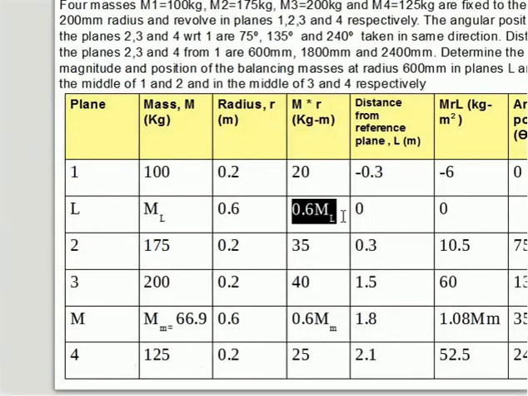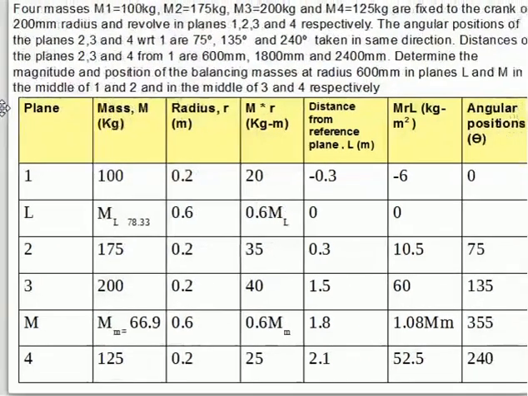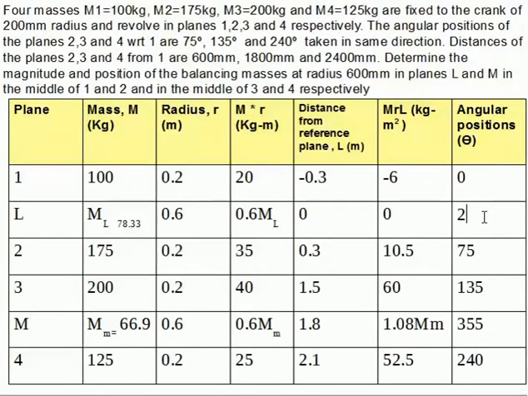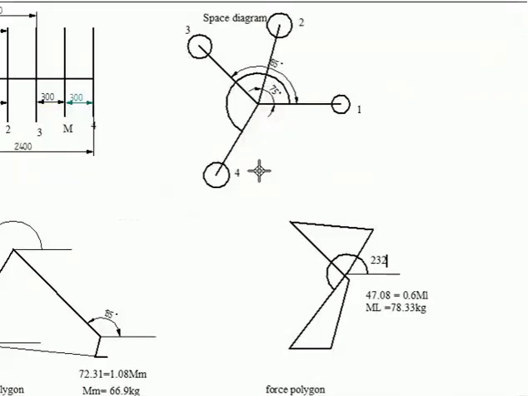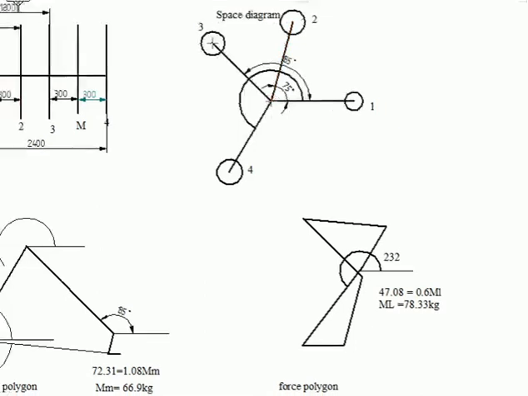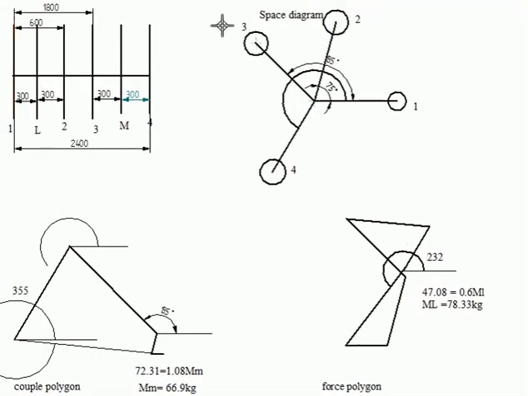Now we'll fill the table again. ml you will get 78.33, and its inclination will be 232 degree. So after calculating the values of ml and mm, I know the inclination also. So we'll plot the positions of m and l in the space diagram also.